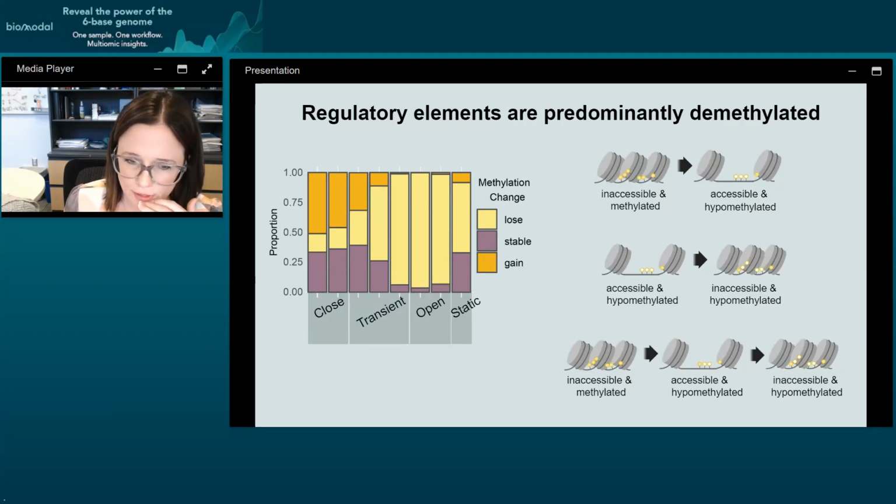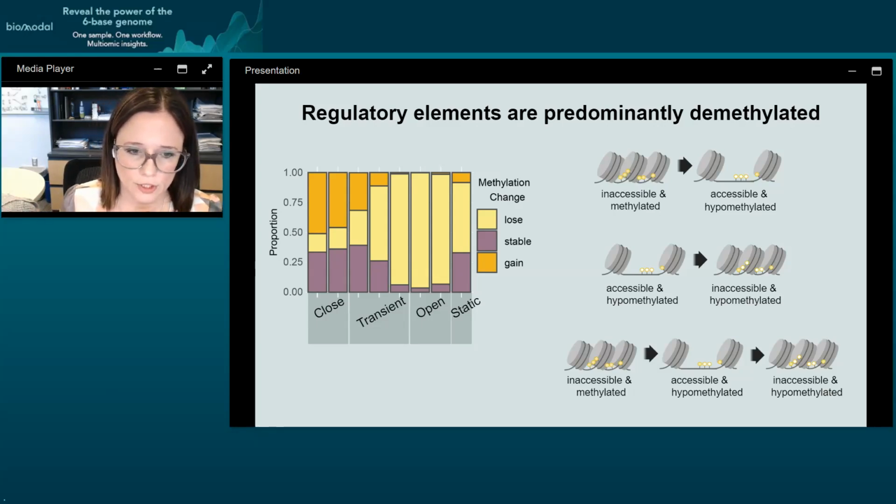In fact, if you look at all of these different types of clustered accessibility groups that I mentioned, the main profile behavior of DNA methylation is that these regulatory elements are predominantly demethylated.